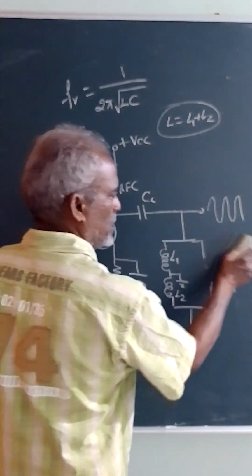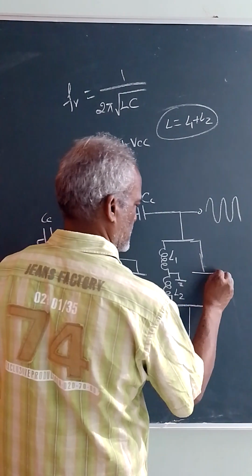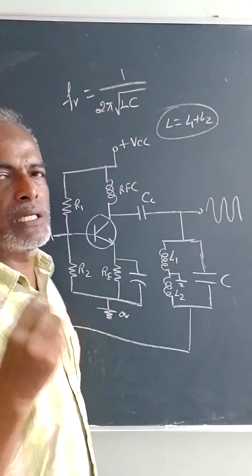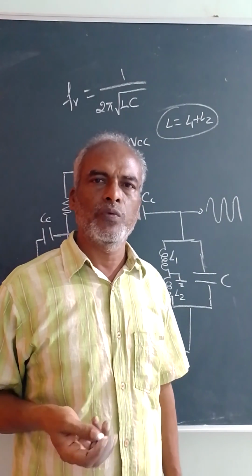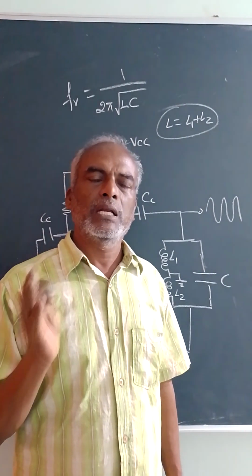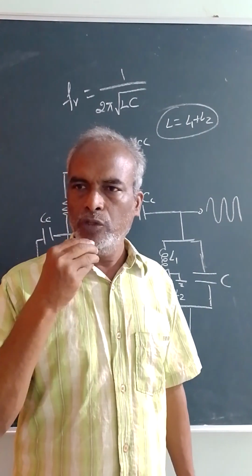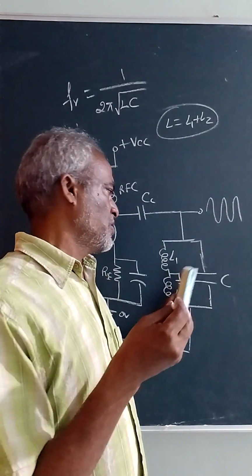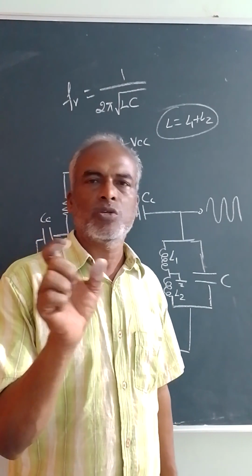So that's the idea. I will draw the capacitance as it is. What you are connecting here is a condenser microphone. Condenser microphone means it's a capacitive microphone. One plate is fixed, another plate is movable. So when you speak, when the sound waves strike the movable plate, the distance between the plates is altered.